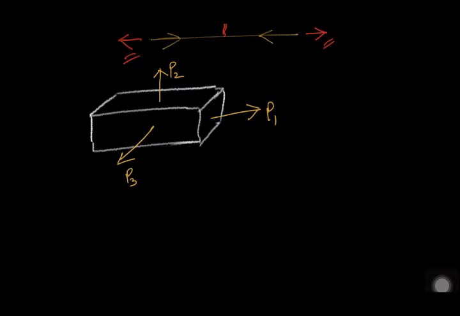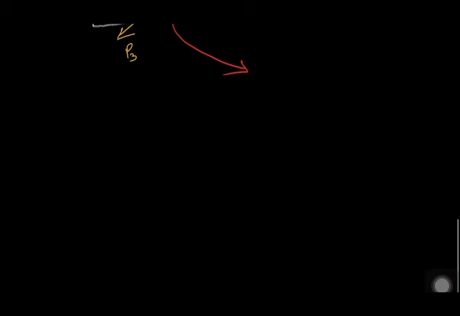The answer is no. So in order to understand this, what we have to do is take a very small cubical element out of this body, and we will realize its effect. All right. And in order to do that, let me draw this small cubical element in this way.